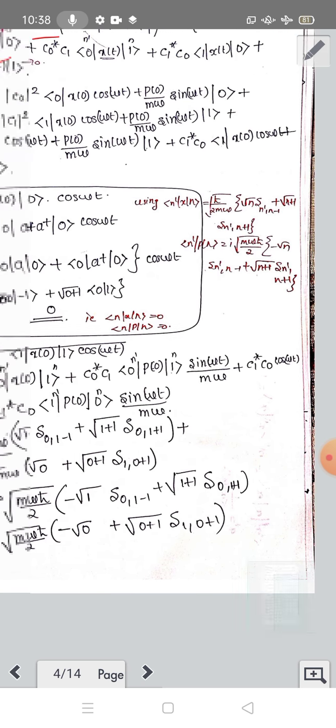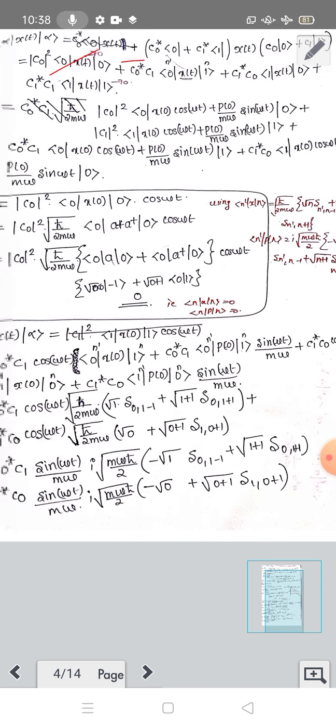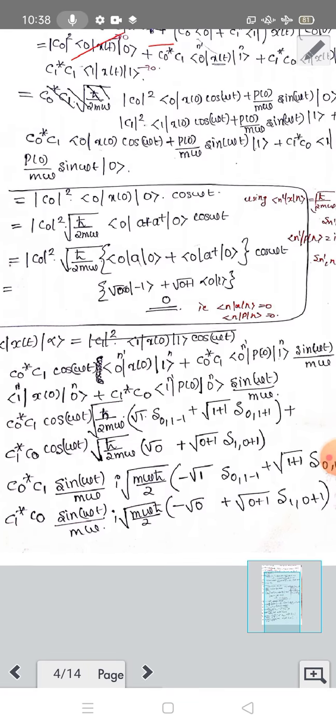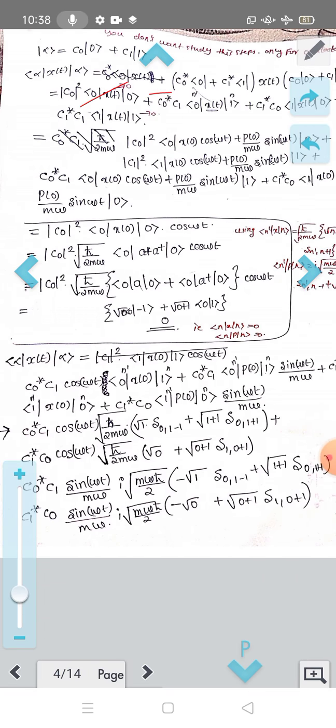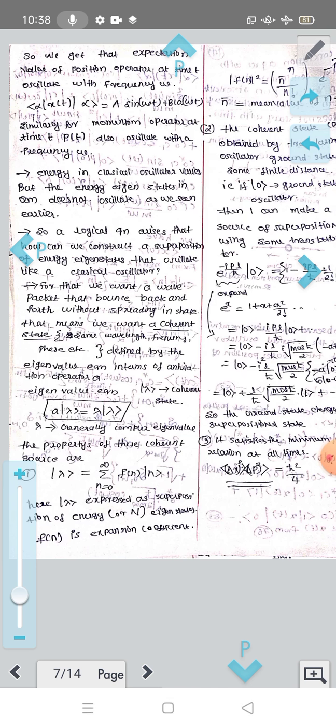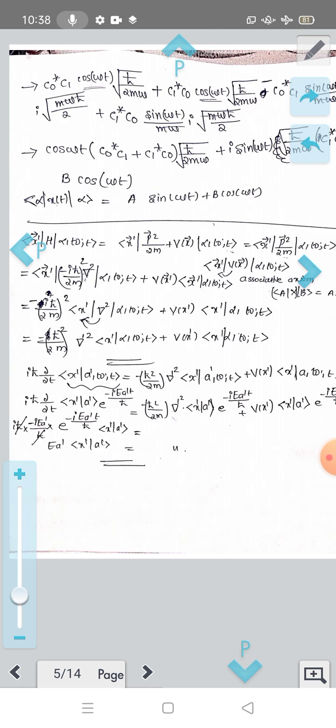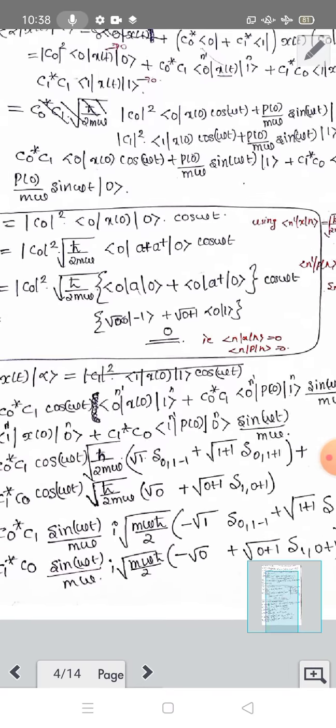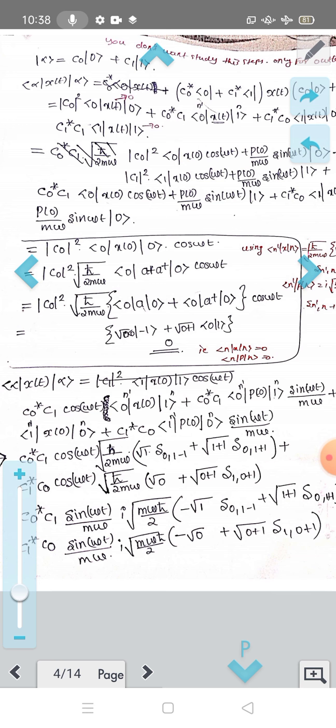Or we can just do the steps here. I am working out the first step, how it will become 0. It is mod c0 square, I am just rewriting that term only: mod c0 square bra 0 x of 0 ket 0 cos omega t.